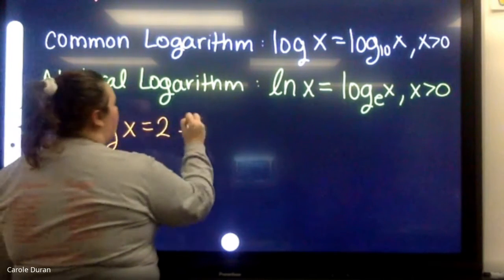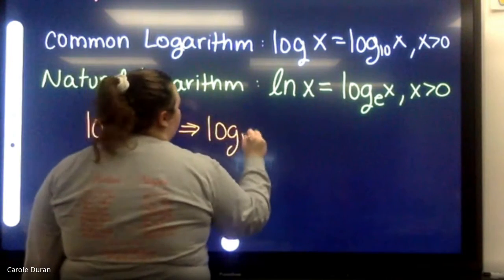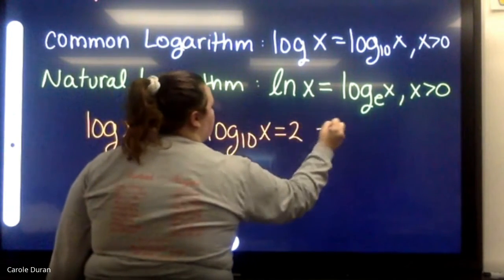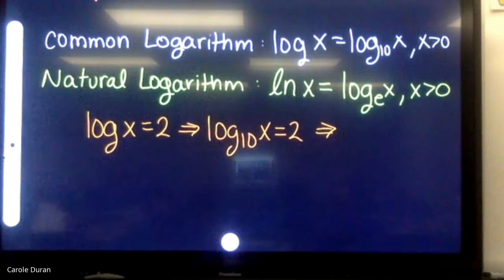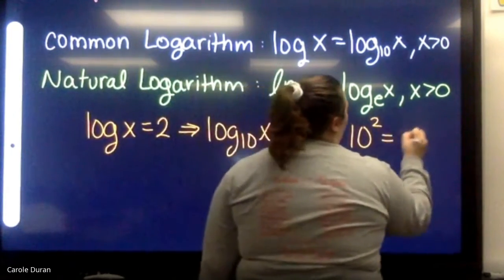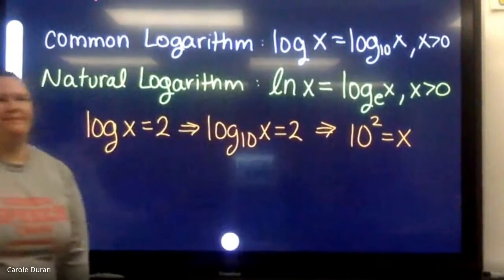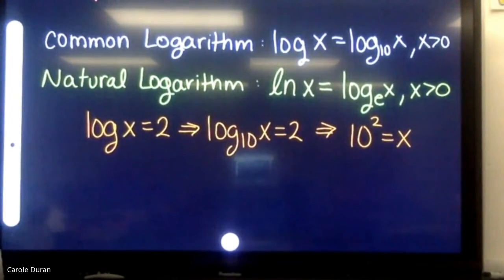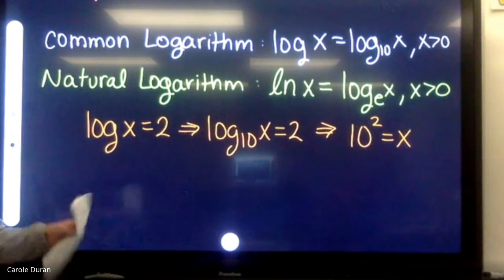So then this is the same as log base 10 of x equals 2, which means I can rewrite this as an exponential function. Correct? Yes. My base would be 10, my exponent would be 2, and my answer would be x. And then I could solve for x if that's what I was asked to do. Anybody super confused there? Okay.